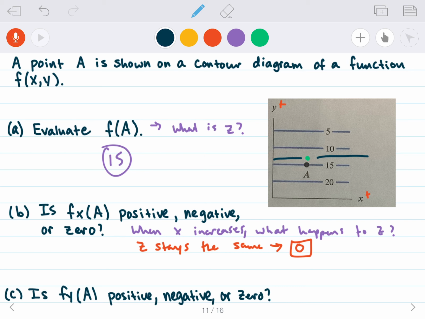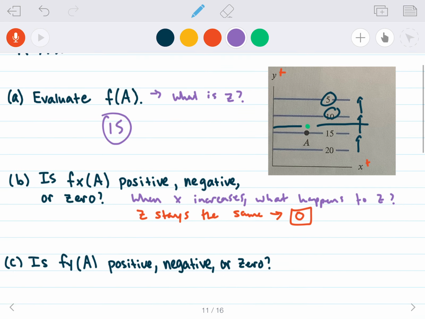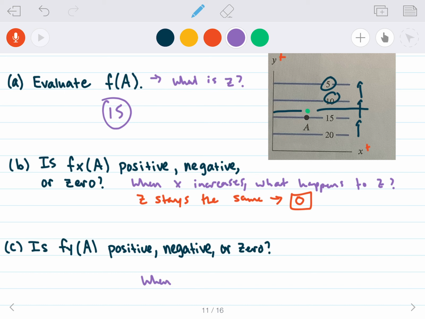Well, it would be smaller, because as we move up, the z values are getting smaller and smaller. So when y increases, z decreases, which means that our slope is going to be negative.